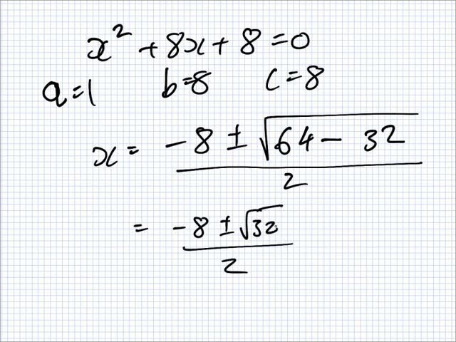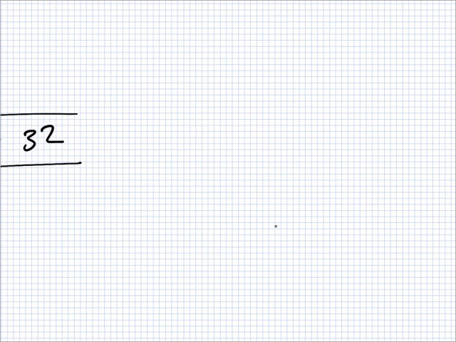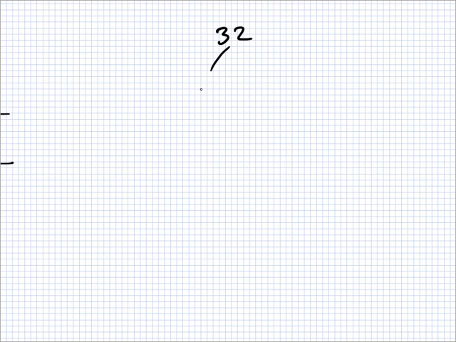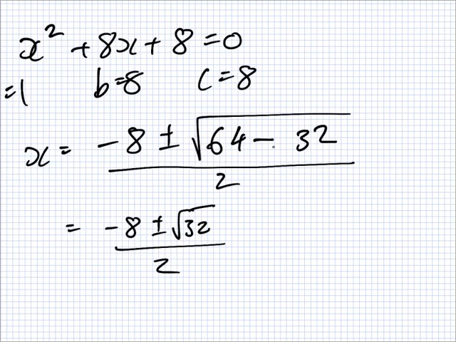Now 32 is not a perfect square, but we learned how to simplify that a couple of classes ago. 32 is 16 times 2, which is 4 times 4 times 2, so it's going to be 4 root 2, isn't it? Yeah, 4 root 2? Minus 8 plus or minus 4 root 2 over 2.